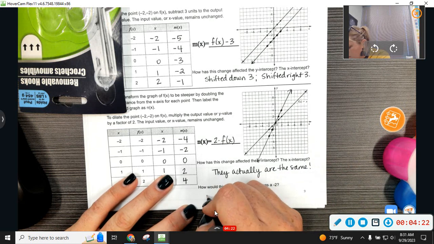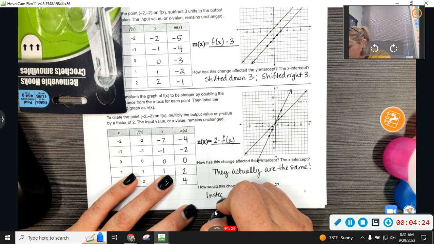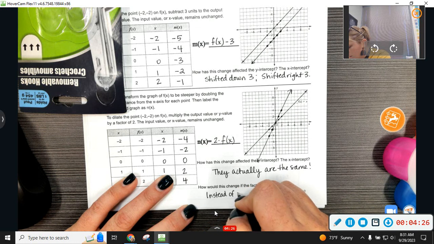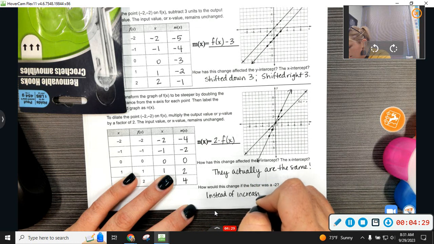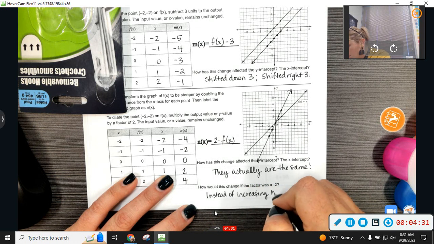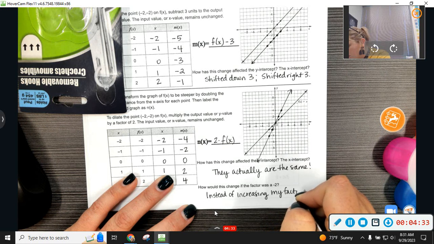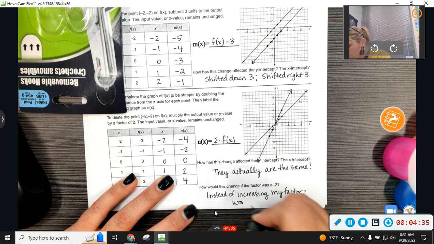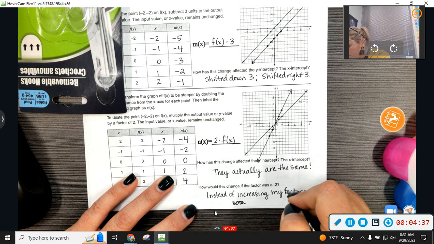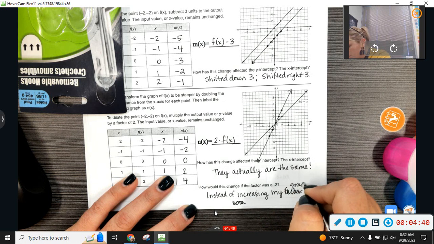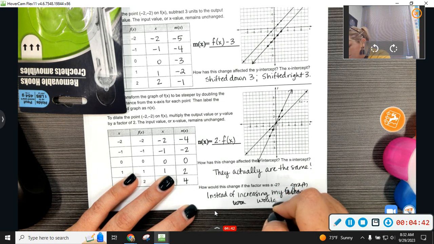So instead of increasing, my graph would be decreasing.